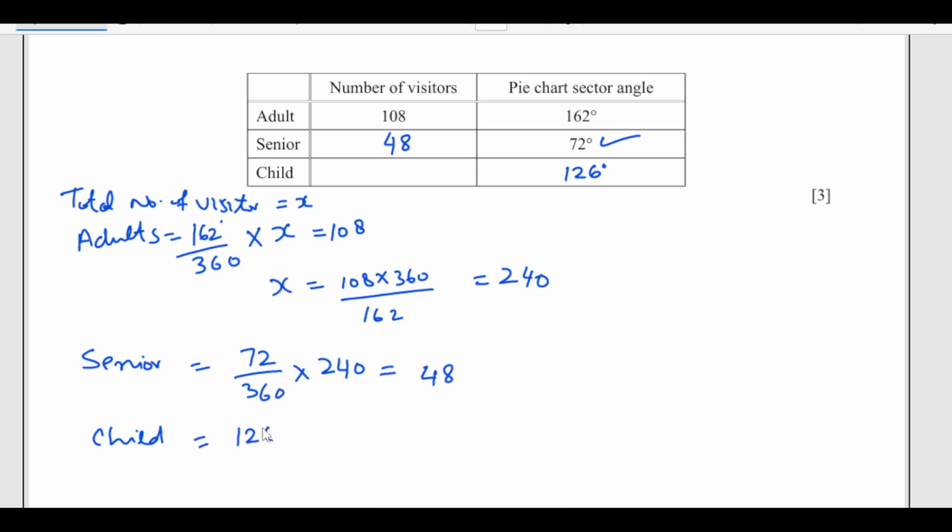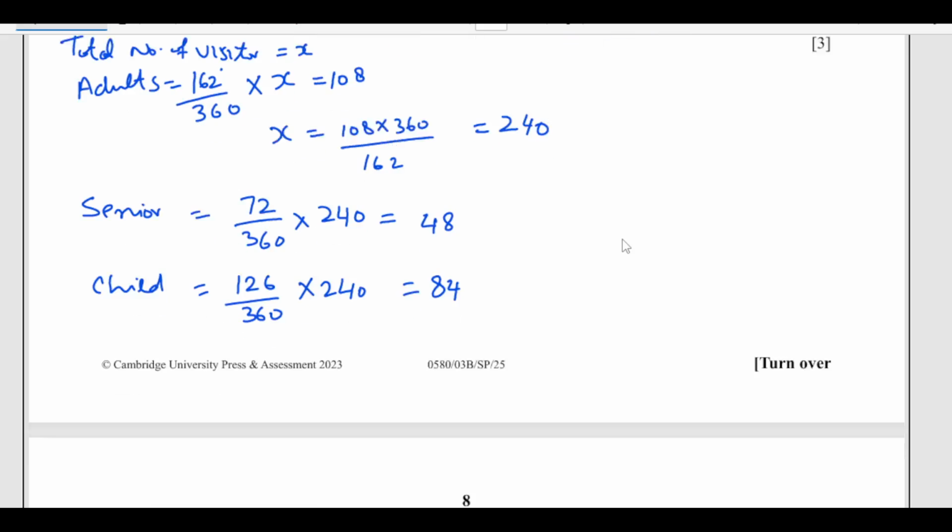This is 126 out of 360, times 240. So this is 84. You can also see that this is 72 and 126 is not double of that, actually, but if it happens, then you can just double it.